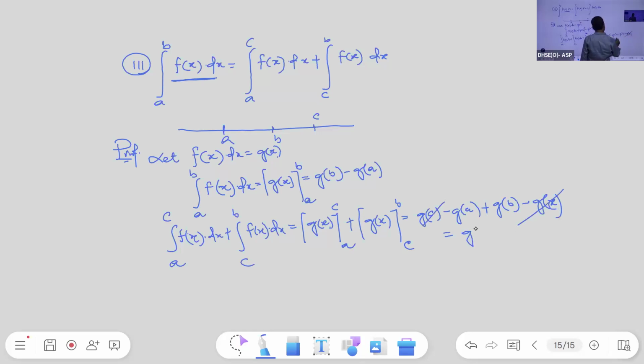This is equal to G of B minus G of A, which is equal to the integral from A to B of f of x dx.